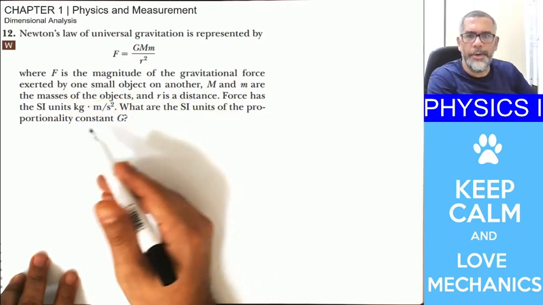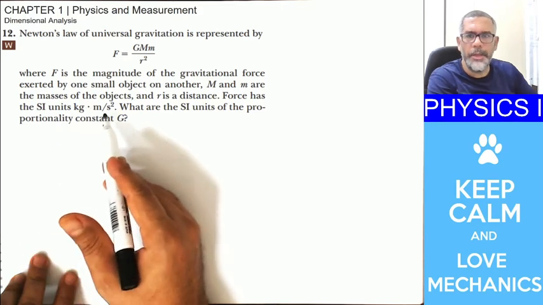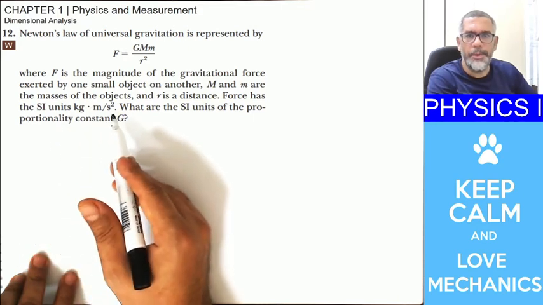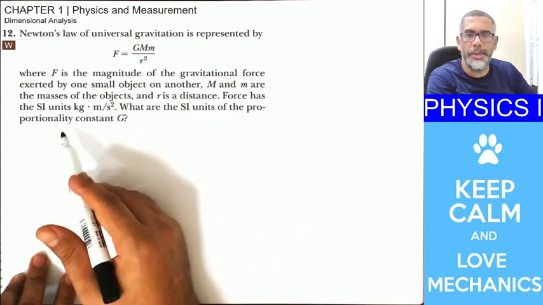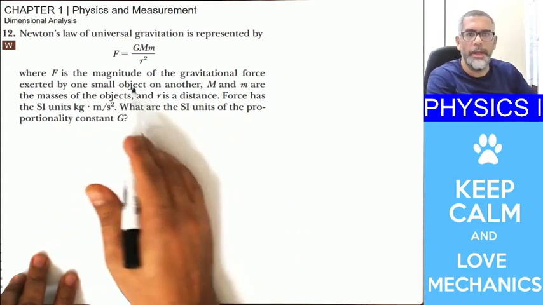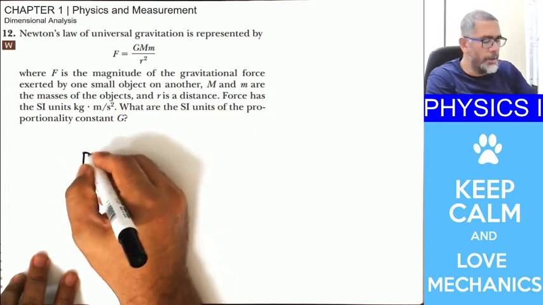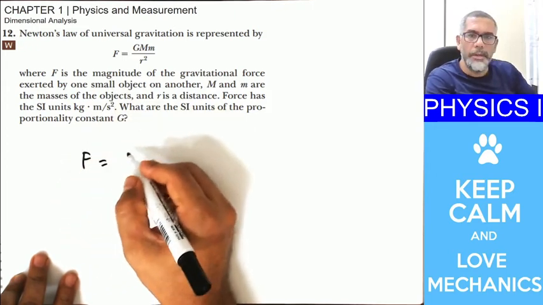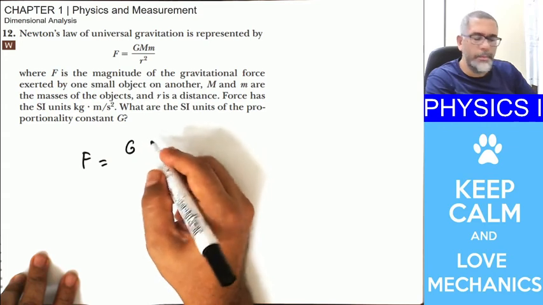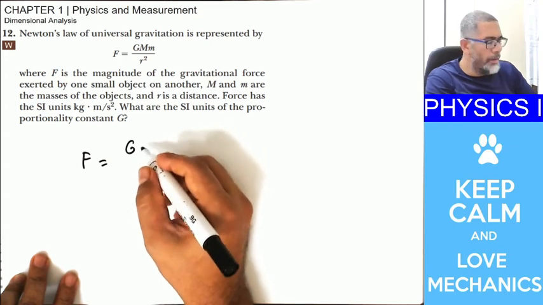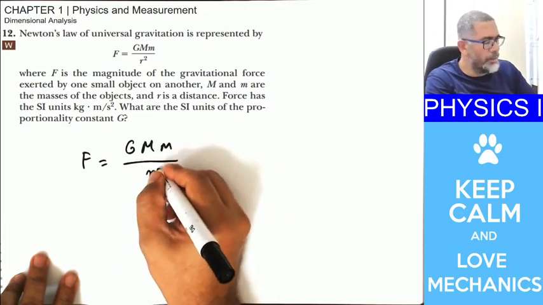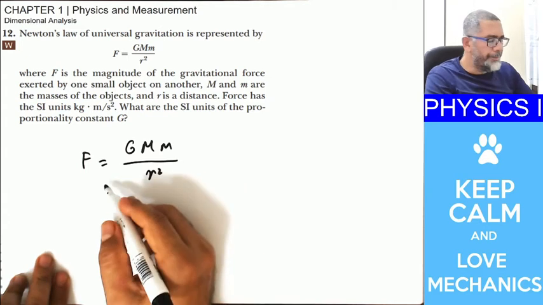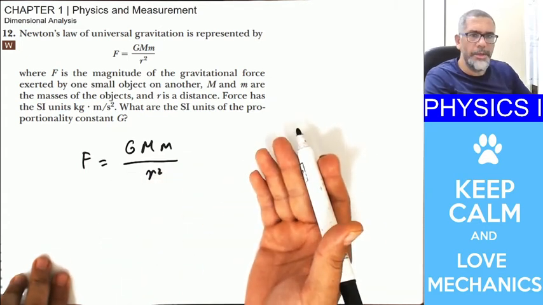It says force has, in the SI unit system, kilogram meter per second square. So what are the SI units for the proportionality constant, or the physical constant, capital G? Let me write down in a larger way this expression, with R square. Okay, so again, it's a dimensional analysis problem.